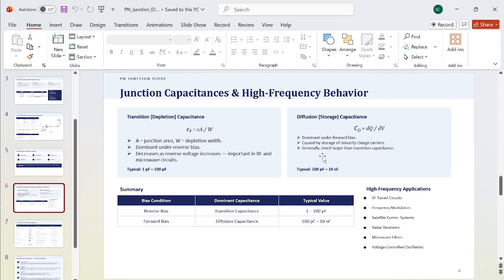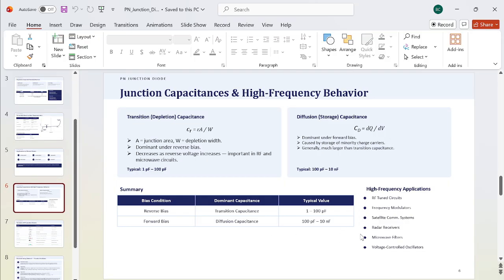And the second difference is that the value of this diffusion capacitance lies in the range 100 picofarad to 10 nanofarad. So you can see that this is quite large compared to the transition capacitance. Here I have summarized these values and under what conditions which one of these capacitances dominates over the other.